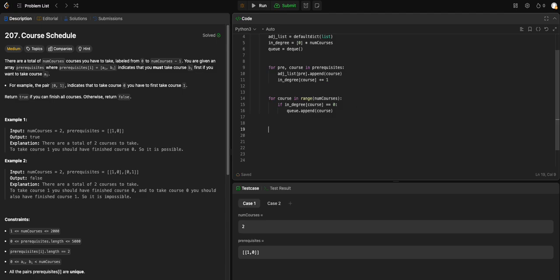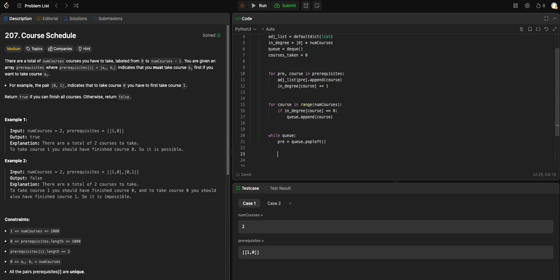In the BFS, breadth first search, while the queue is not empty, I create a variable courses taken. Prerequisite is equal to Q dot pop left.